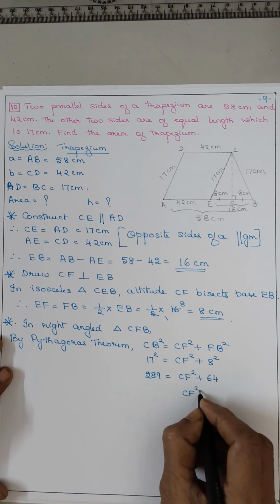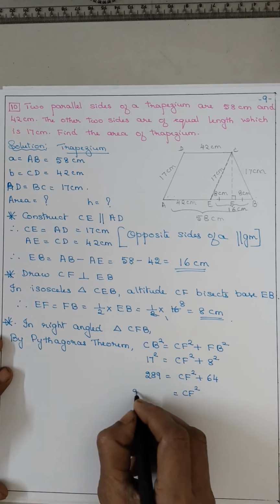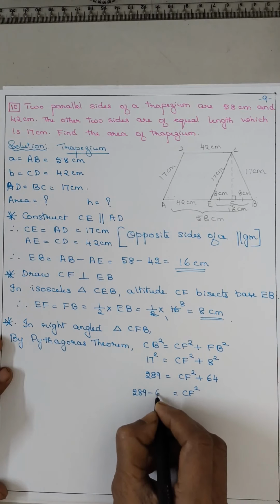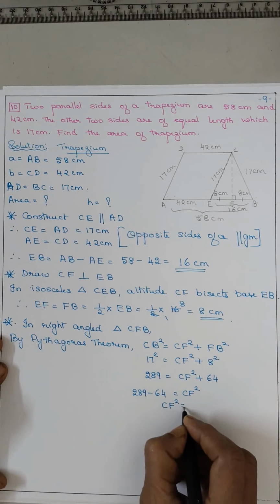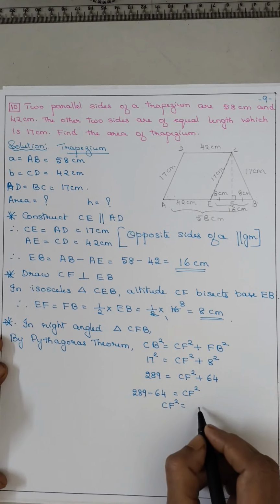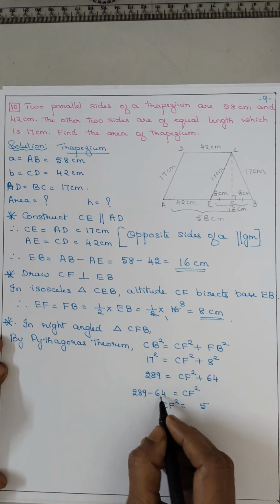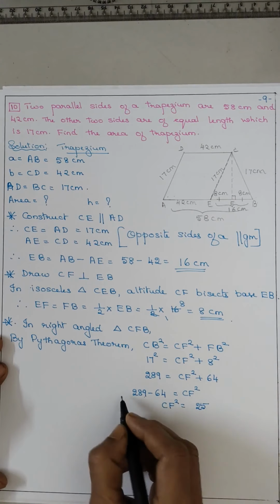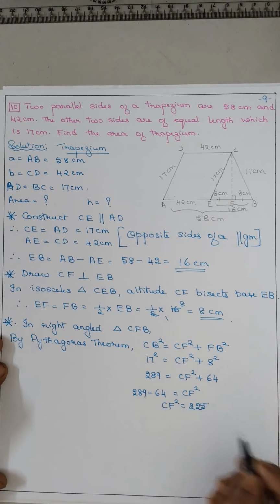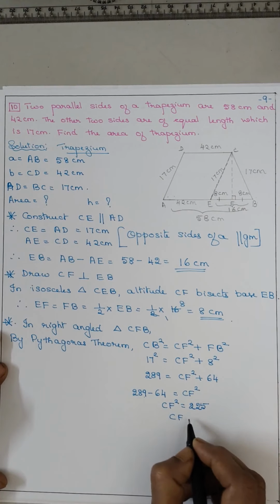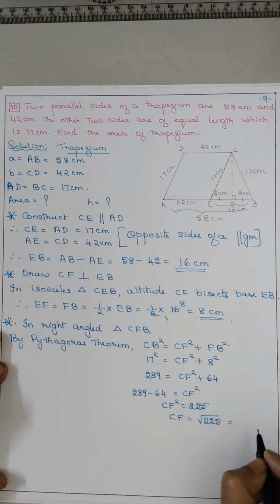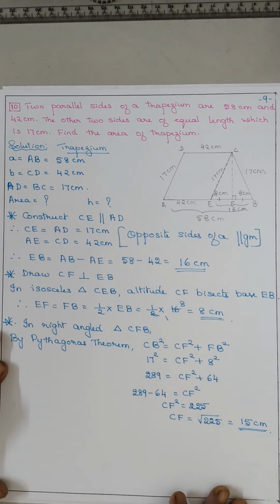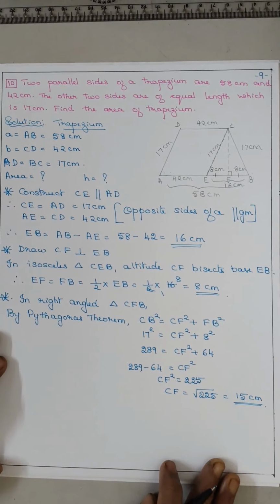So CF squared is equal to 289 minus 64. So CF squared is equal to 225. Therefore CF is equal to square root of 225 is equal to 15 centimeter. So you got CF.